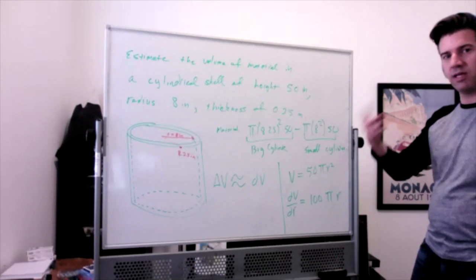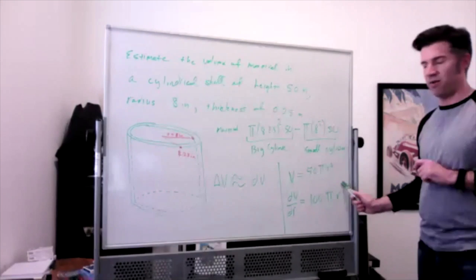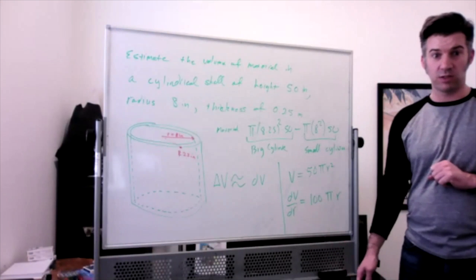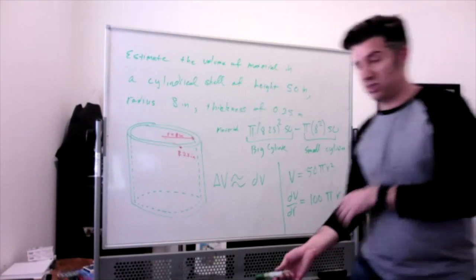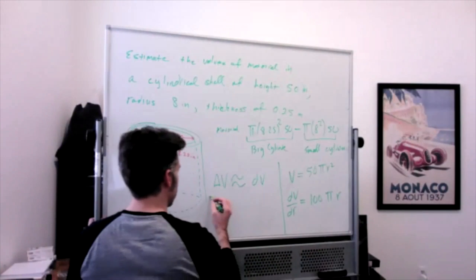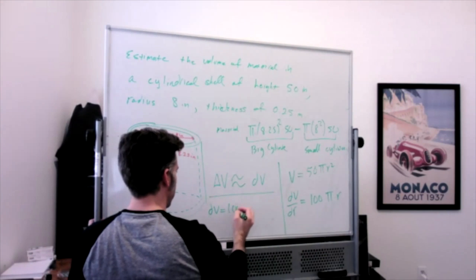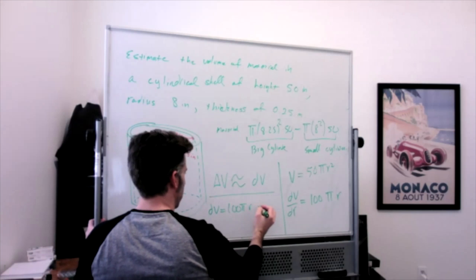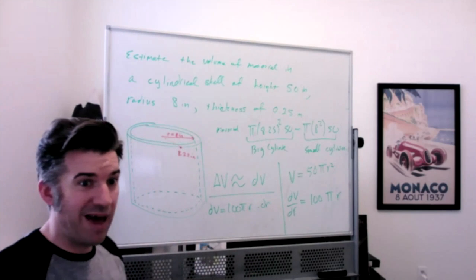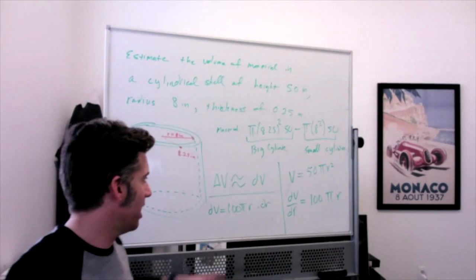Let's back it up just a little bit. This r here is not how the radius is changing. This dr is how the radius is changing. I apologize. What I should really have been saying is that dV is equal to 100 pi r times dr. Because it matters how big the radius is.